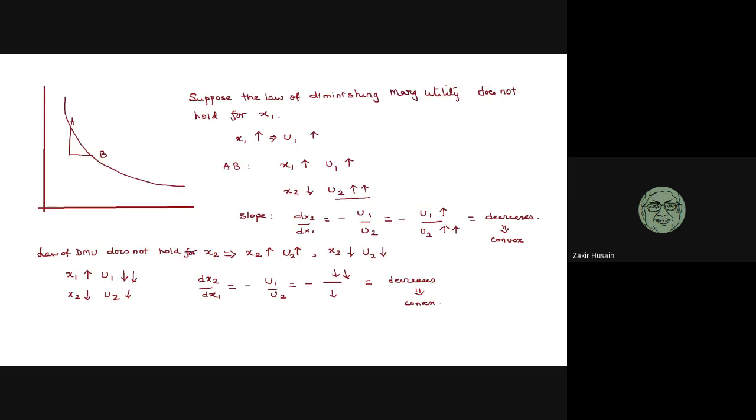But now I see that I don't require this law. Higgs was right in discarding this law. I don't require it. Without assuming that this law holds, I can show under certain cases that the indifference curve is convex to the origin. As I move down from A to a point like B, the slope is going to decrease in absolute terms.